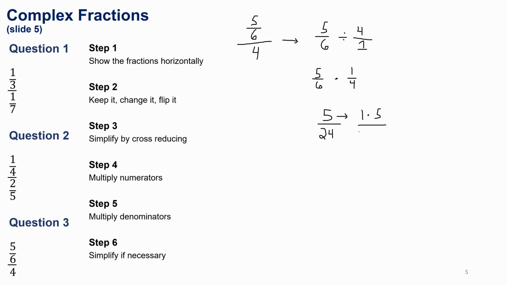For 24, it would be 2 times 2 is 4, times 2 is 8, times 3 is 24. Well, you can see that none of these have common factors, so because of that, I can't simplify this down. This is a proper fraction, so it's going to stay a proper fraction, can't be converted. So 5 over 24 is our result.